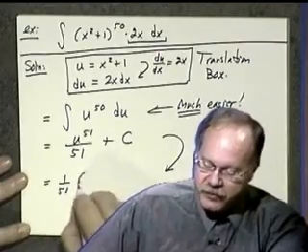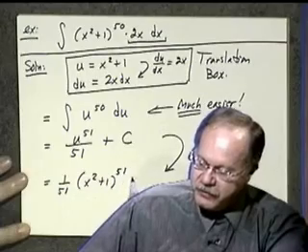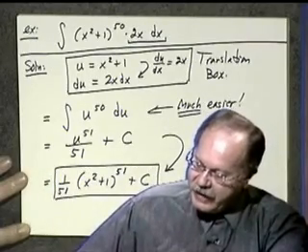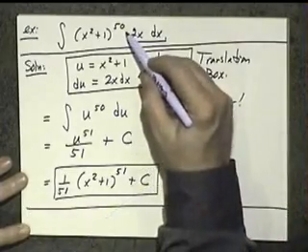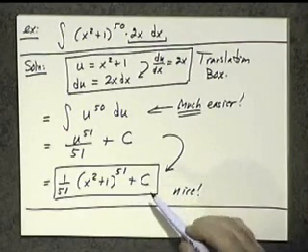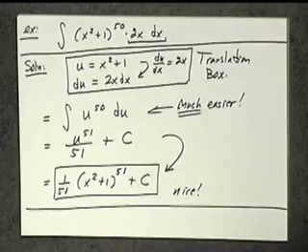So this is 1/51st times x squared plus 1, which is what u is equal to, to the 51st power, plus c. And that is really nice. I have made this apparently difficult integral simple by doing it with substitution. This is the moral here, and now we're going to look at more substitutions.